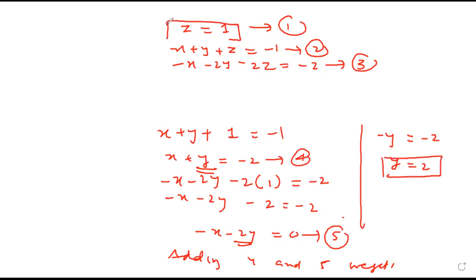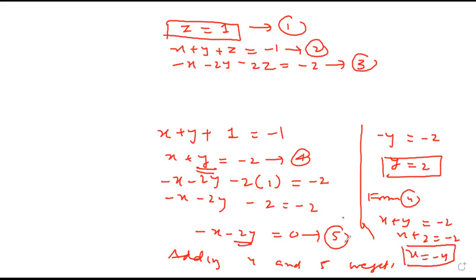So we got z, we got y. Now from 4, x plus y is minus 2, x plus 2 is minus 2, x is minus 4. Therefore Young's modulus will have dimension of V power x, which is minus 4, A power y, which is 2, F power 1.